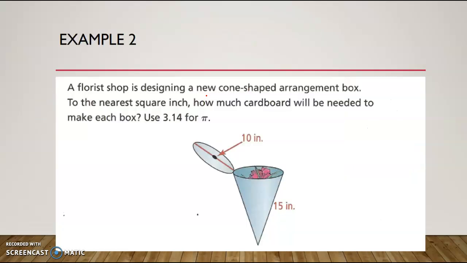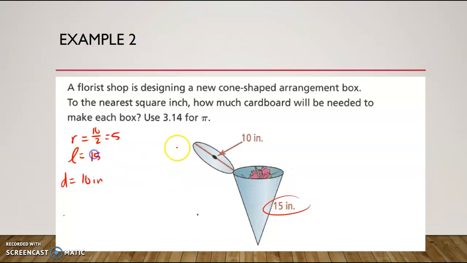All right, so then from here, let's use it. Again, I like to start with what do I know? To find the surface area of a cone, I need radius and slant height. I know the diameter, so I'm given a diameter of 10 inches. So then I know my radius is going to be 10 divided by 2, which equals 5. And my slant height is this 15 inches because it's from the vertex to the base.